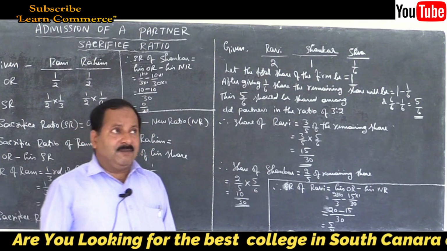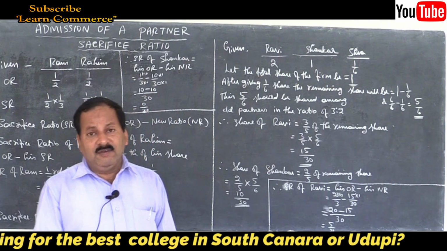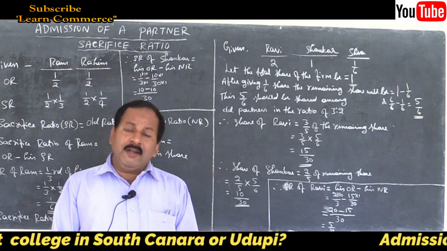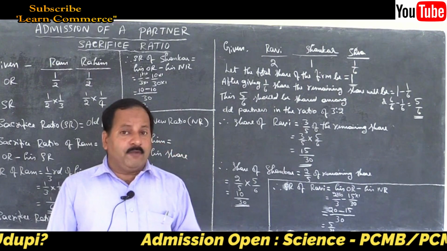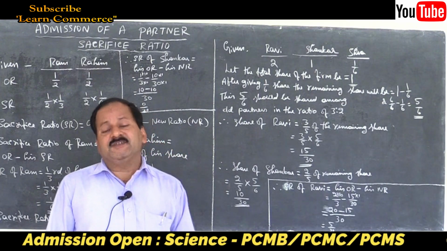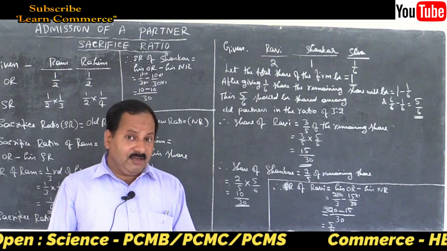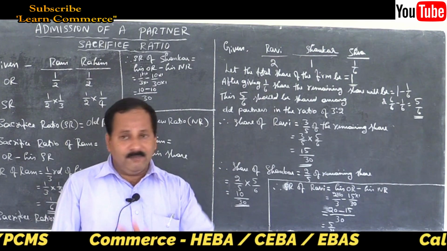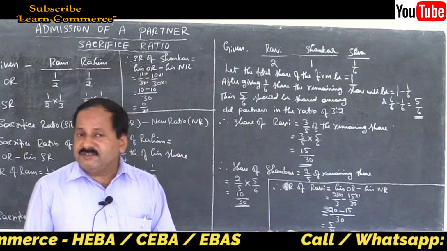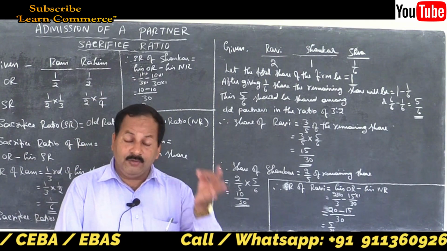So in board exam, what they will do is, they will give you one problem on either sacrifice ratio or on new profit sharing ratio calculation for 6 marks. And remember, if they ask you 12 marks problem from admission, they will not ask any problem on sacrifice or new profit sharing ratio on admission.